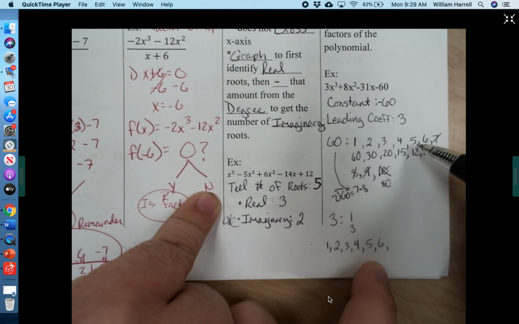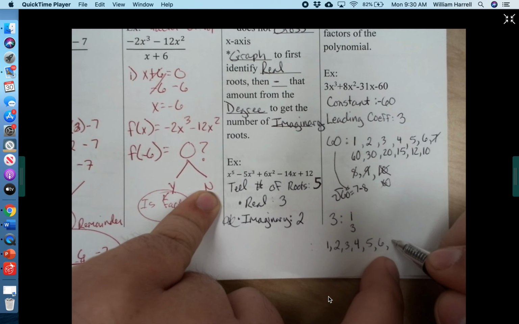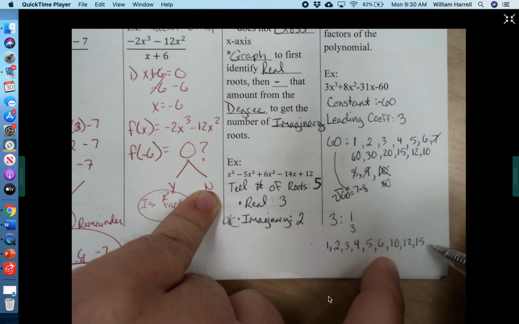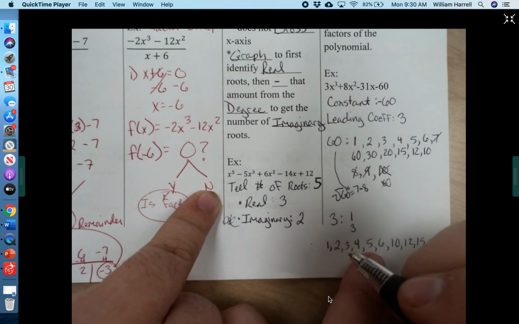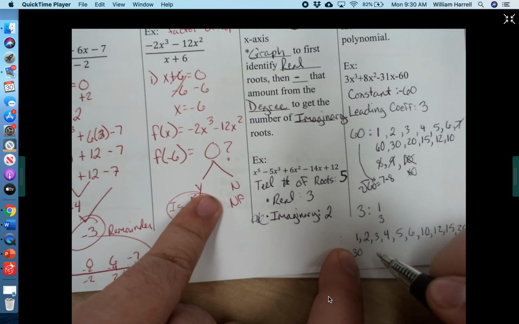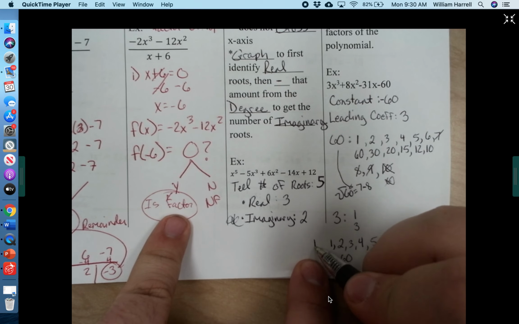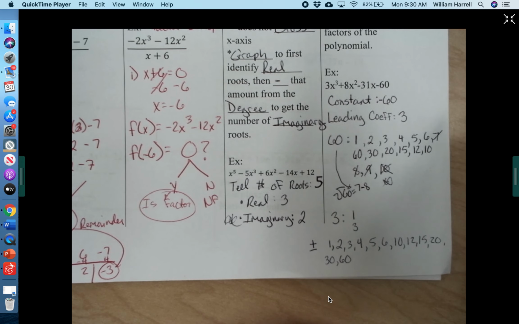I like to write them in order from smallest to biggest. Excuse me. So now I'm just going to go backwards here. 10 divided by 1 is 10. 12, 15, 20, 30, 60. All right. And again, positive, negative, all of these.